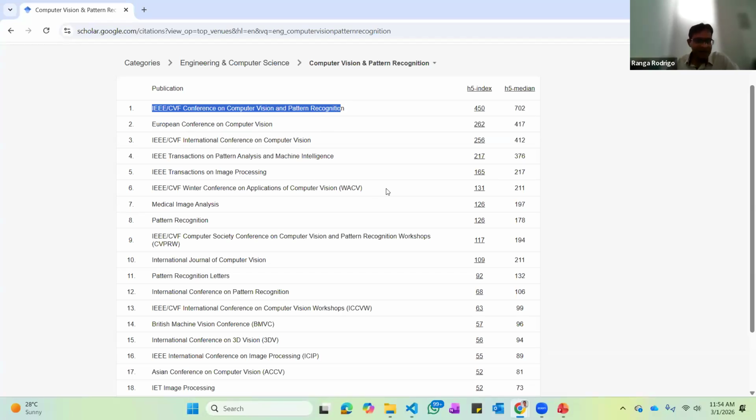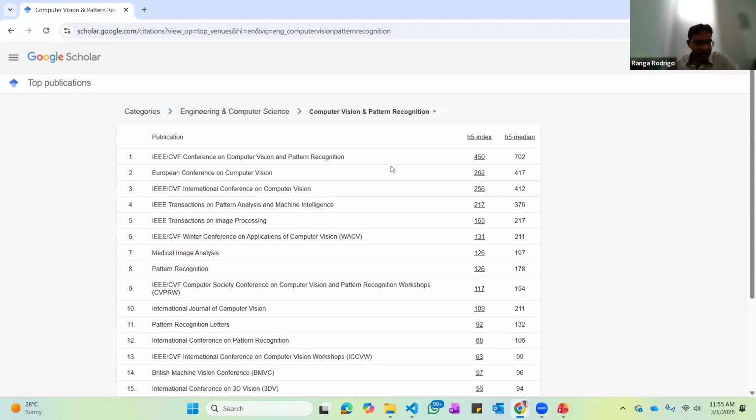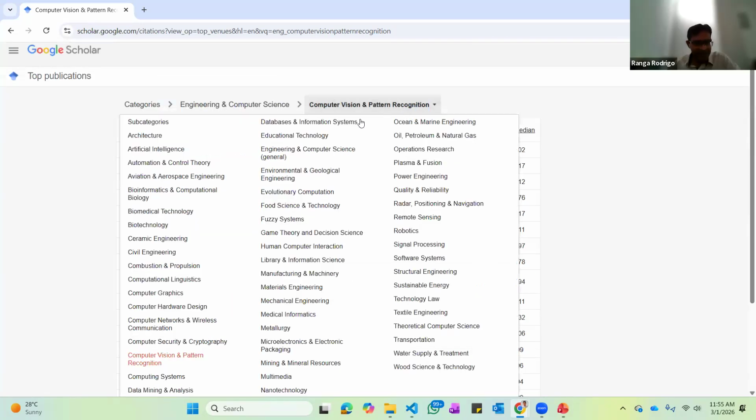We have several WACV papers, many in applied computer vision. We have one ICCV workshop paper, a couple of British Machine Vision Conference papers, and an ACCV paper. And this is computer vision and pattern recognition.